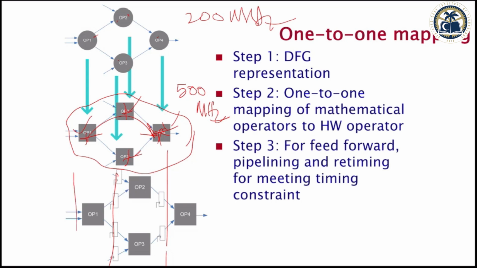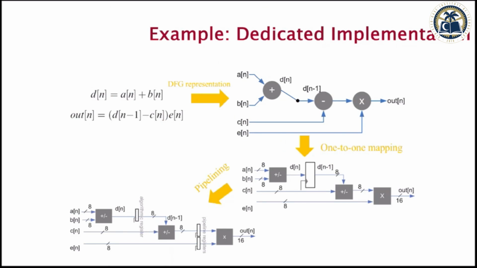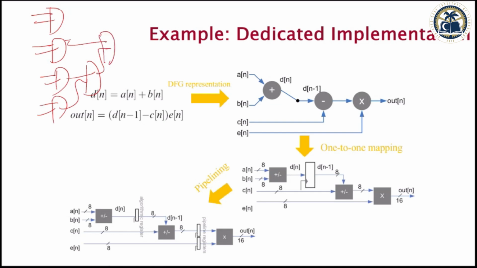So the one-to-one mapping implementation is very simple. Take the algorithm. I remember the hashing algorithm where we had a comparator, comparator, comparator, and so on, one after another.